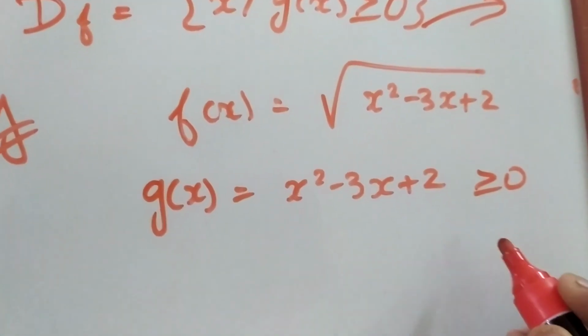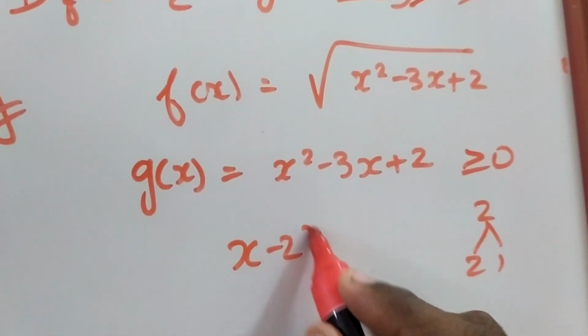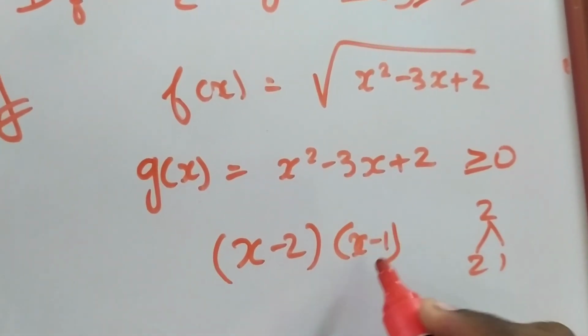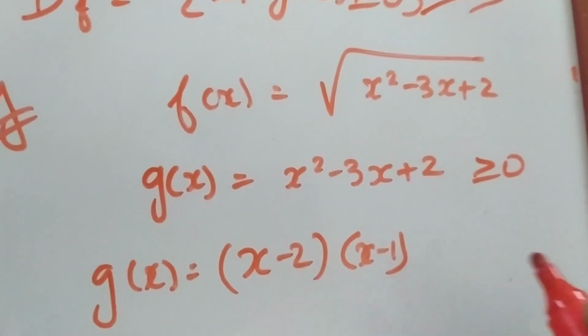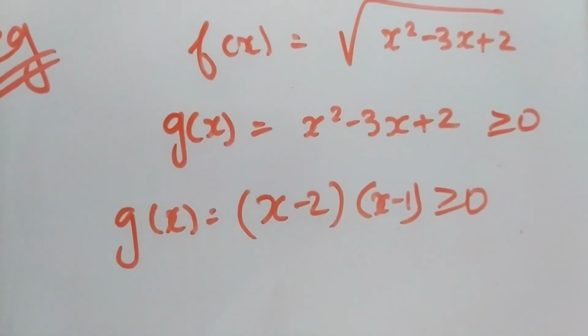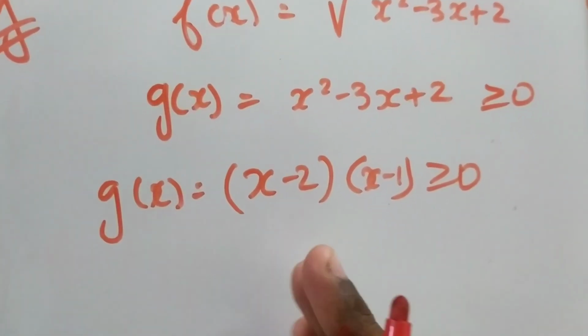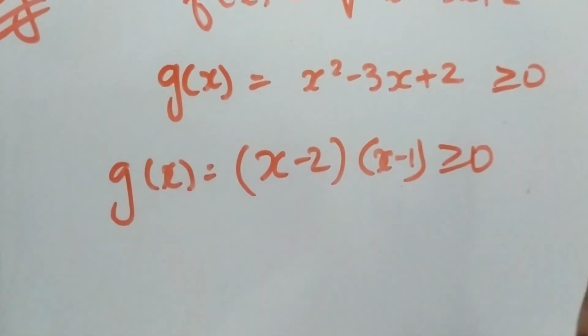If you factorize it, you get 2 into 1, so x minus 2 into x minus 1 for g of x, and that value should be greater than or equal to 0. Then you have to find the value of x. Here the x values will be like greater than 2, greater than 1.